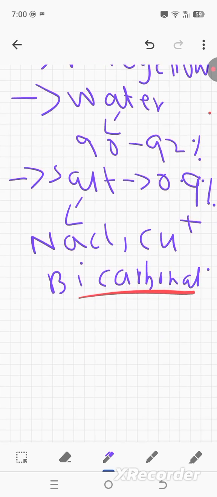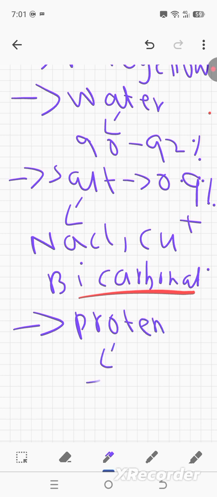Further we have protein inside the plasma, around 7 to 9%.